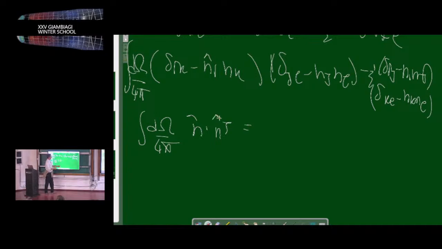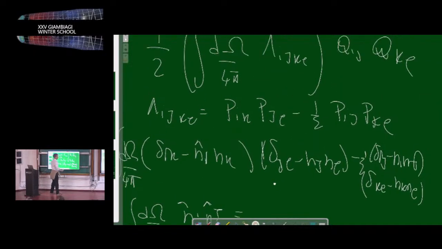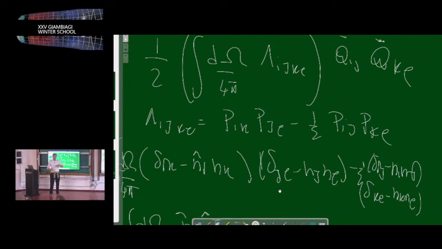You remember, no? Lambda depends on the direction I'm looking at, of course. Because the quadrupole, as for instance, I'm looking at the binary, no? The binary has a quadrupole which is in the xy plane. Since the TT projection kills all the degrees of freedom that are longitudinal, if I look at this, or if I look at this, I'm projecting way different things.